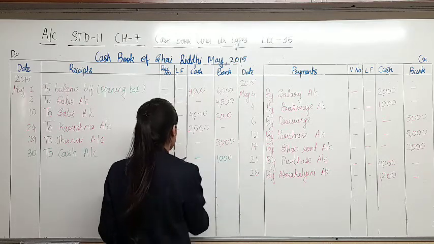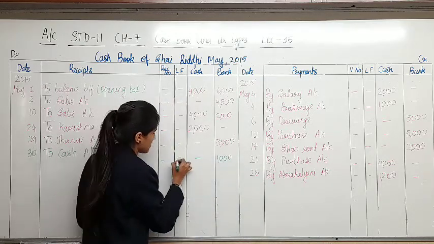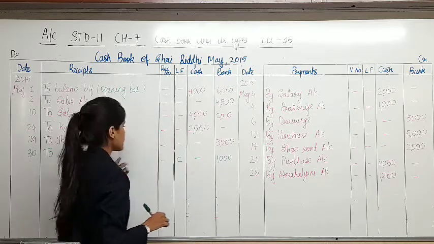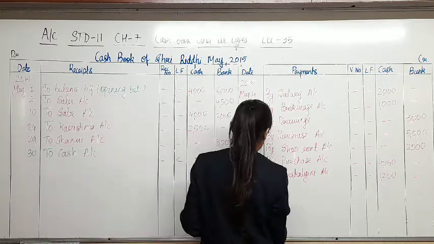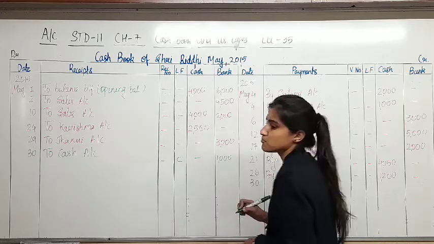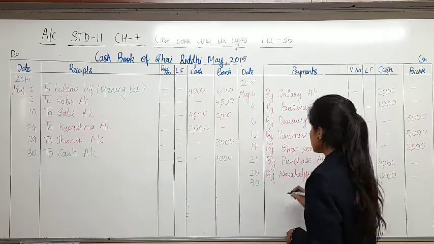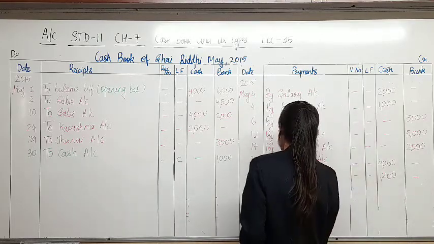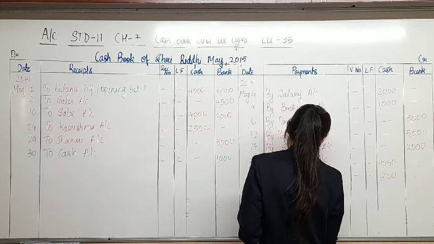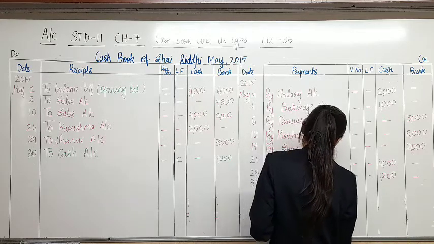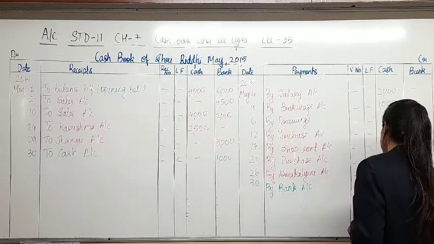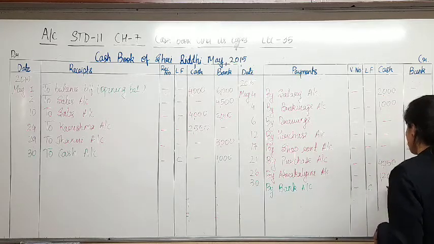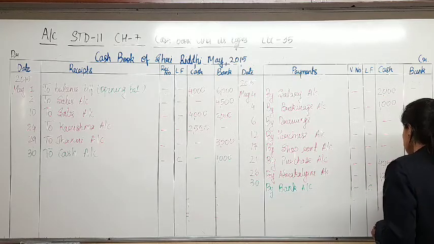And in the column of LF, you will be writing C. Yes, as opposite to this, 30th of May, you will be writing by bank account, amount in the column of cash, C in the column of ledger folio, 1000 again.